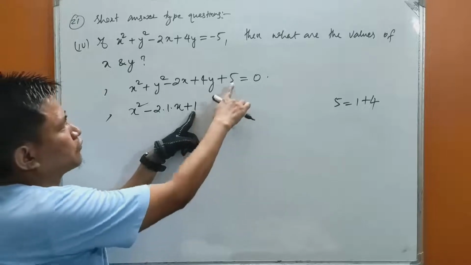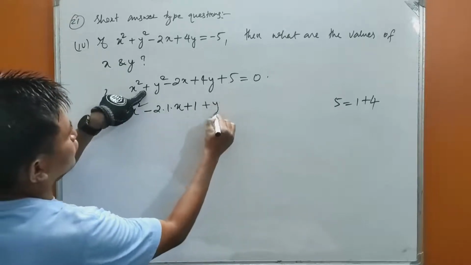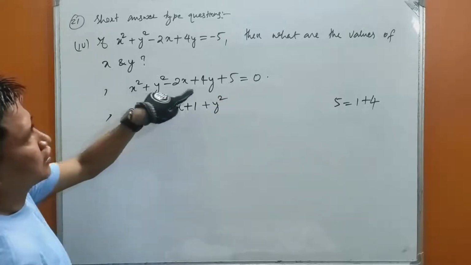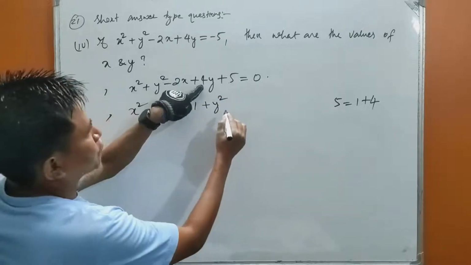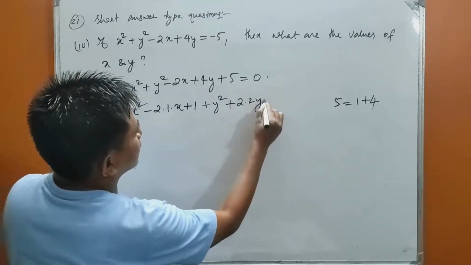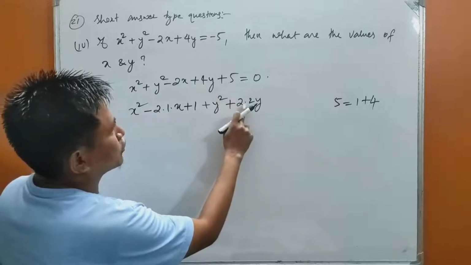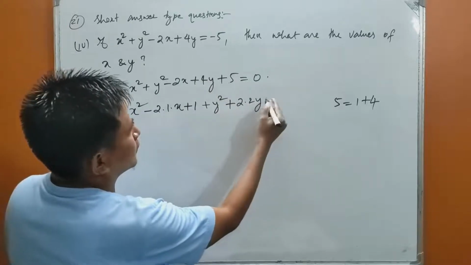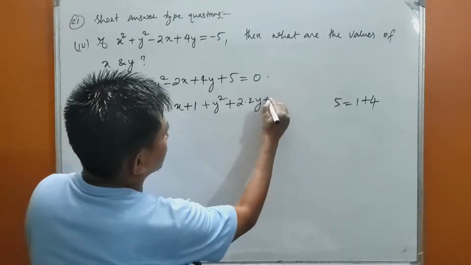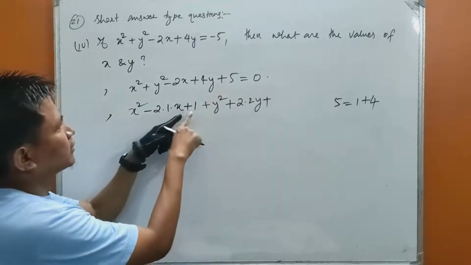And this one is from 5, okay? Now I have plus y square. Okay, now this plus 4y can be written as plus 2 into 2y, isn't it? 4y can be written as 2 into 2y plus this 5, 1 is already gone here.